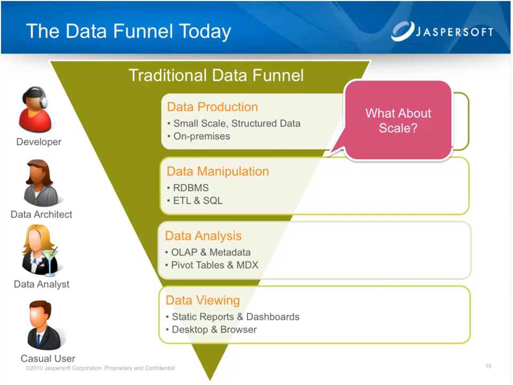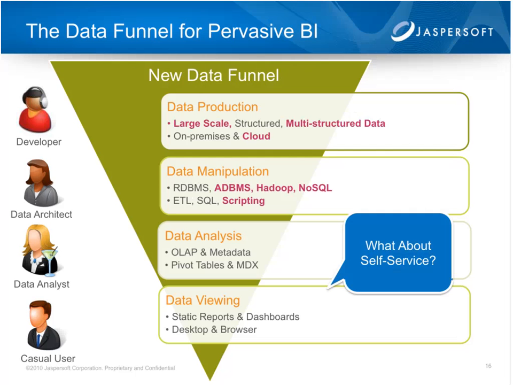So when we look at the requirements that we talked about, at scale and self-service, how does that affect the data funnel? On the scale front, it affects data production in that we move from small structured data sets being produced to very large-scale data that is not only structured in nature, but multi-structured, semi-structured or unstructured.